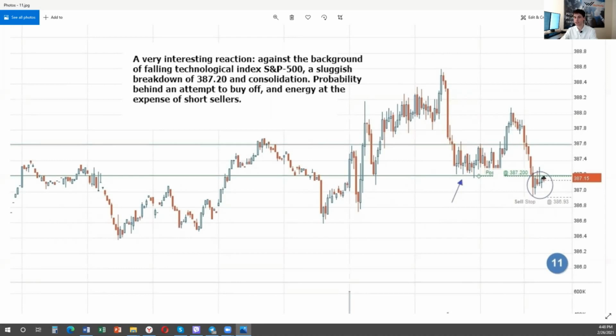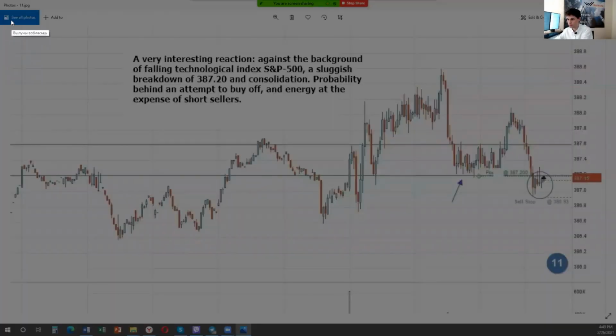Instead, I see a consolidation that seems to speak for itself. In the event of the slightest suspension of sales on the tech index, a solid short squeeze reaction to S&P 500 can be expected. So I will show you visually here.